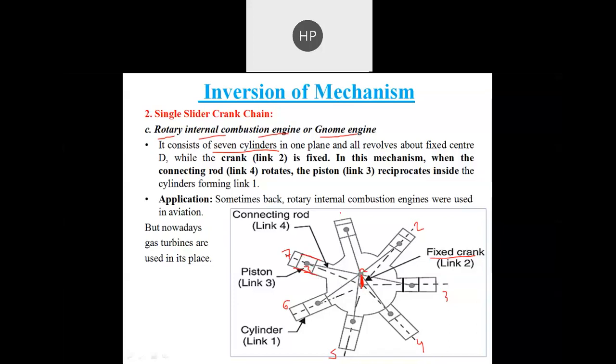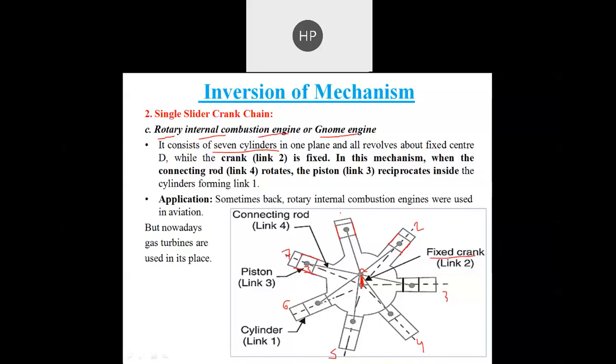Now, as this connecting rod has a motion, as it rotates, all the pistons in the cylinders have a certain sliding motion into the cylinder, and that's how this engine operates.